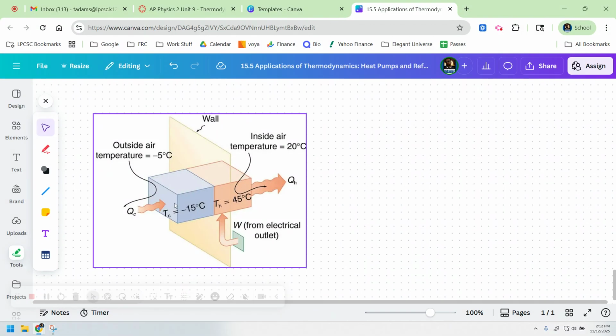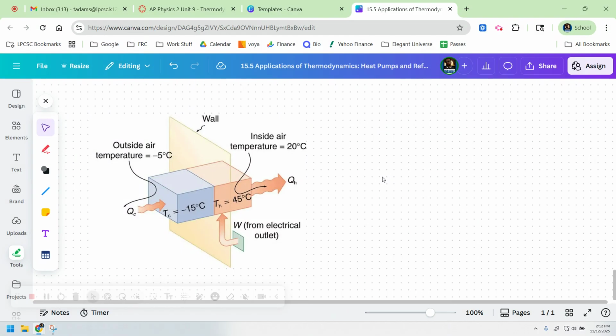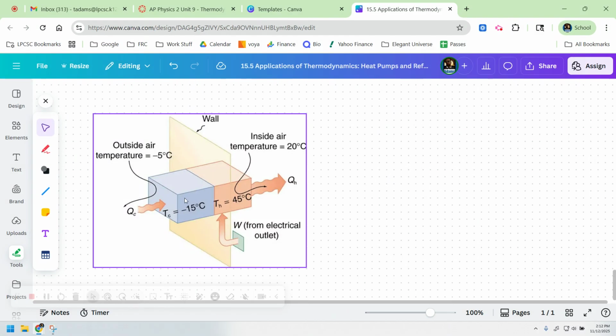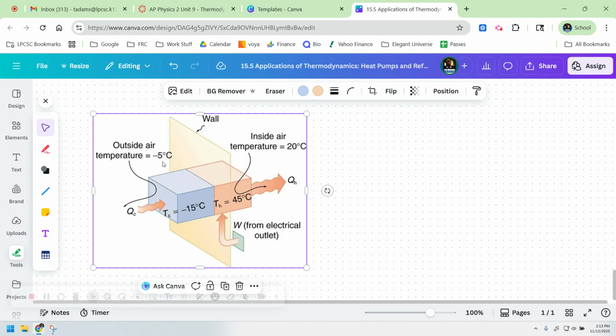So this is a heat pump, and what we're doing is we're pumping heat into the house through this process, okay? And so the outside temperature of the air is -5. Inside the house, we want it to be 20 degrees Celsius.